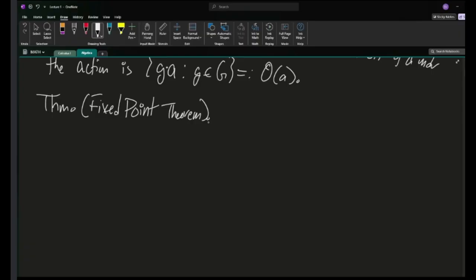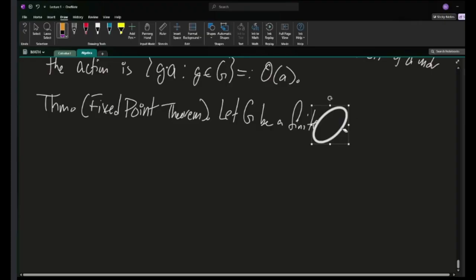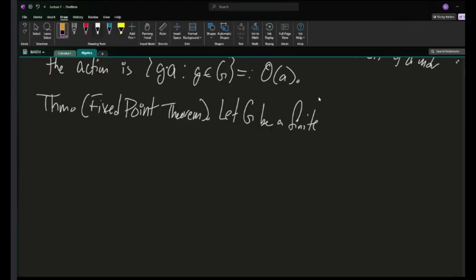So the fixed point theorem states: let G be a finite group of isometries of the plane.